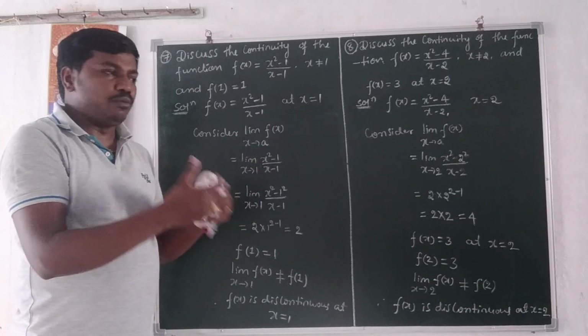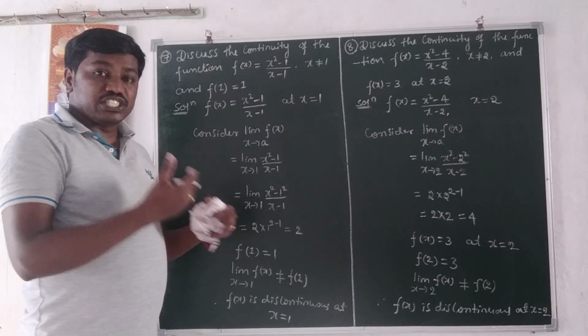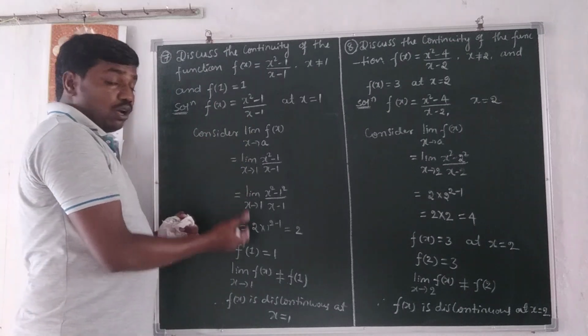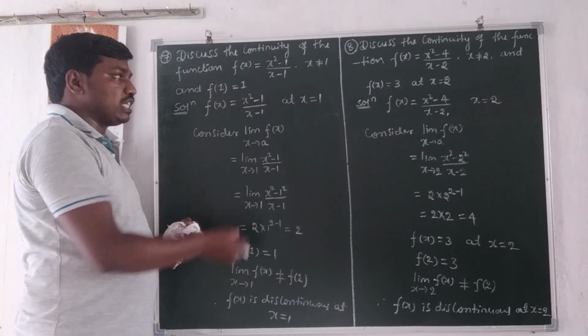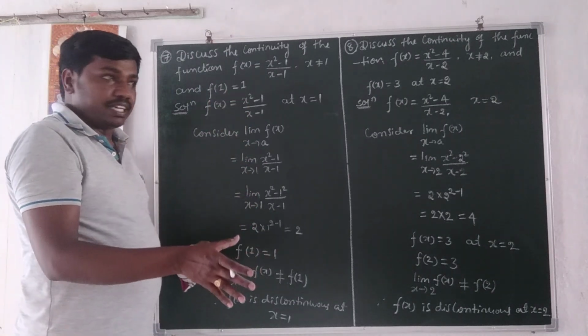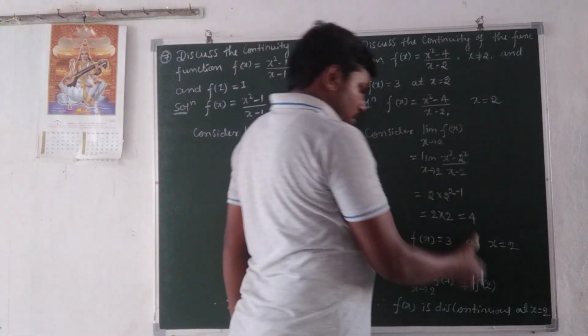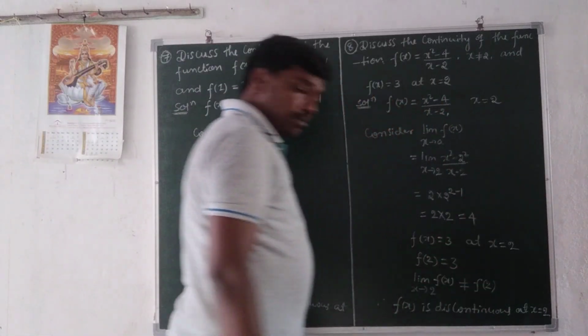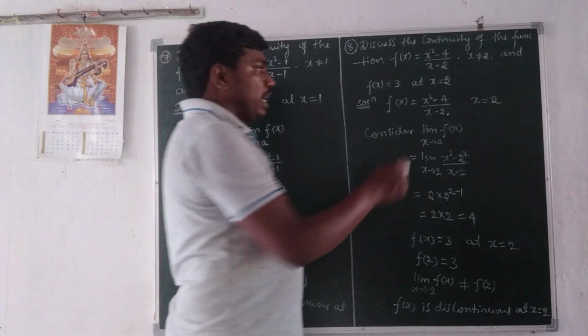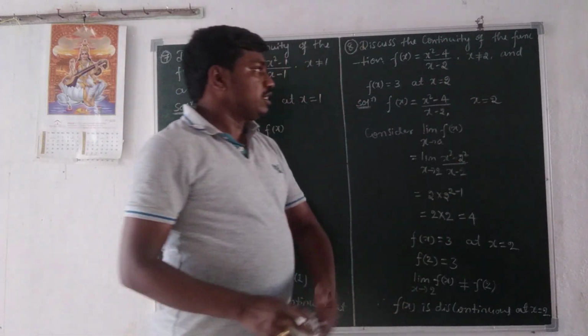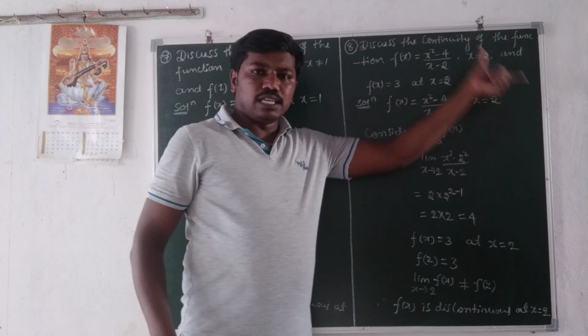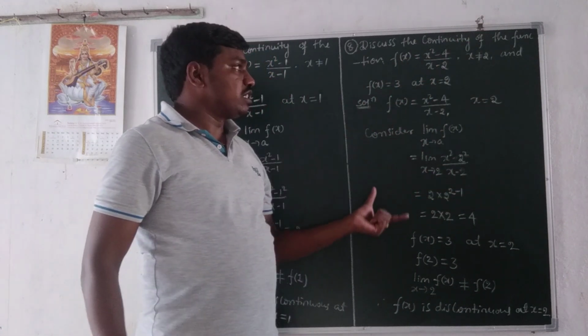How many points are discontinuous? Only one point is discontinuous, everywhere else it is continuous. So which point? At x is equal to 2 alone.